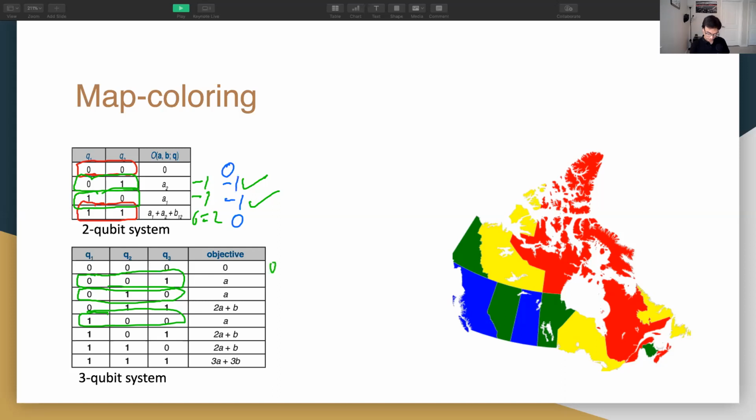So this is already 0. This I'll assign A as -1. So this function will give us -1. Second will give us -1. This will give me 0. This will give me -1, 0, 0, and this will give me 3. So as we can see, my favorable outcomes have the lowest values, which are -1.